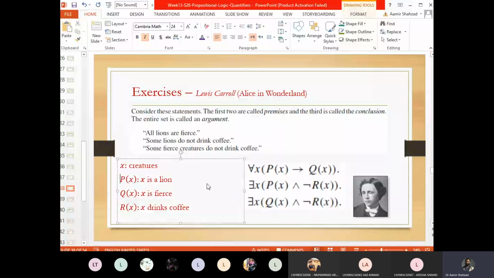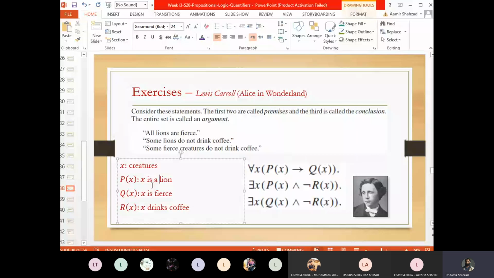Our input, the domain set, is all creatures. Again, we can define the statement in different ways. You can define it with the lions, but I think it's better to define it with creatures, because in the conclusion we are just talking about the creatures. So x is a creature; p of x, this x is a lion; q of x, this x is a fierce creature; r of x, this animal x drinks coffee.